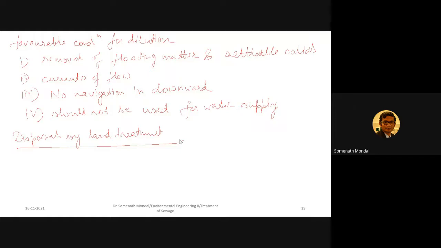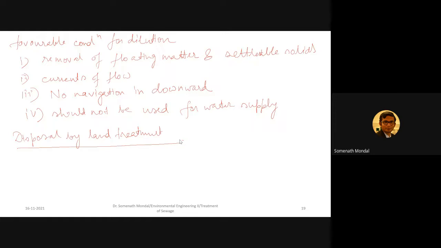A part of the sewage evaporates, as all of you know. Once the surface area is huge, there will be enhanced evaporation. Because of that, a part of the sewage evaporates, and the remaining portion percolates to the ground and is caught by the underground drains for disposal into the natural waters.